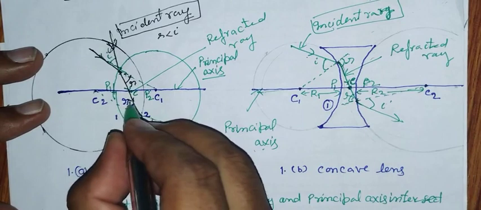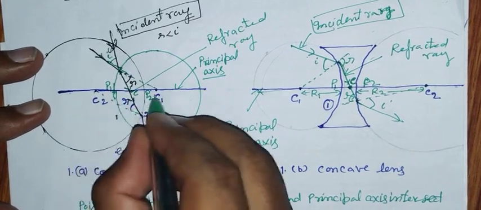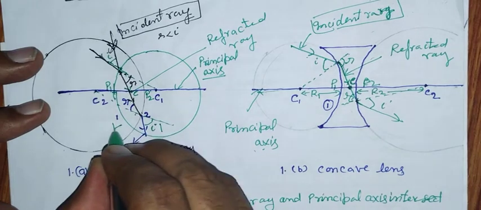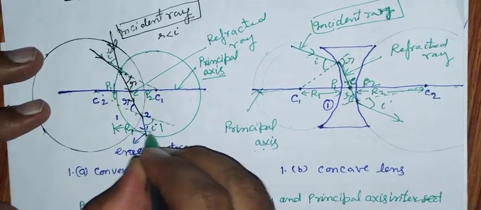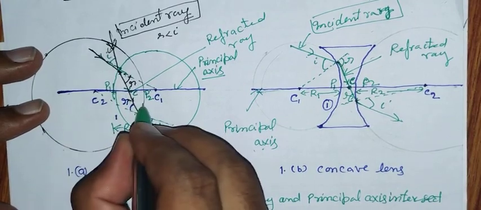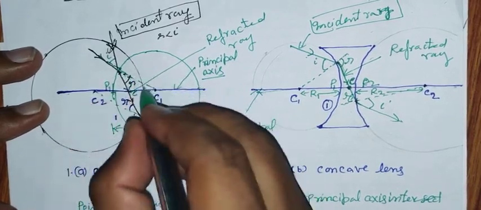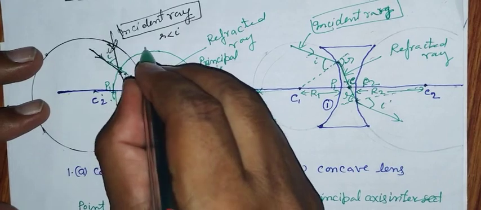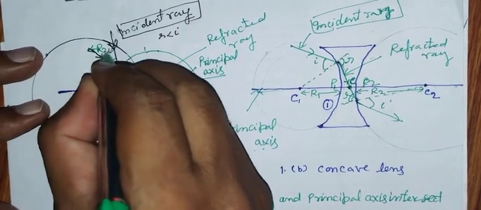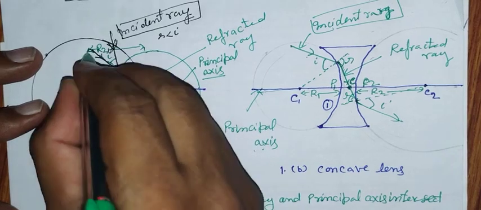And here for the first side C1, R1 is from here to here, the center of curvature. R2 is from this side C here, and it is the center of curvature. This is the R2 distance from here to here.